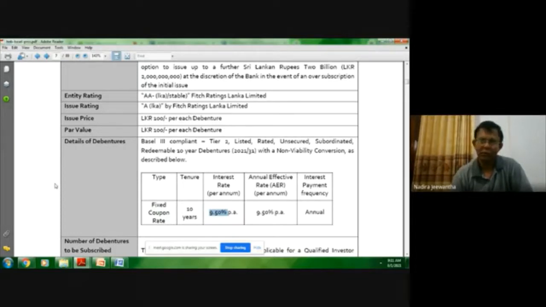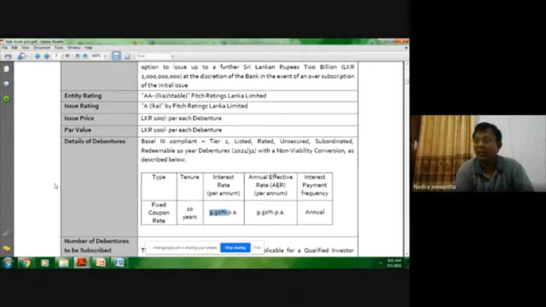Now, if you are working in a bank, you know about borrowers. The borrowers are now asking for loans at a fixed rate for 10 years. You know this particular rate is very comfortable for them. During the 10 years, there is a high chance of the interest rate going up.